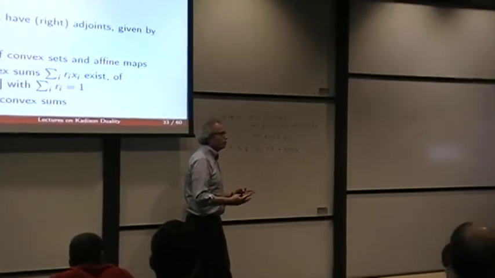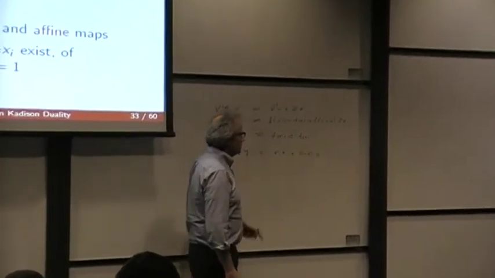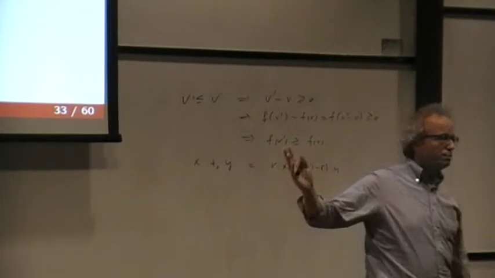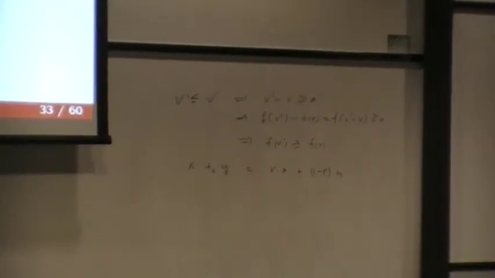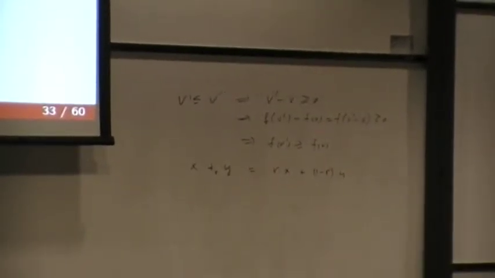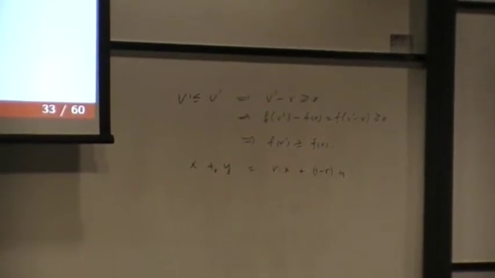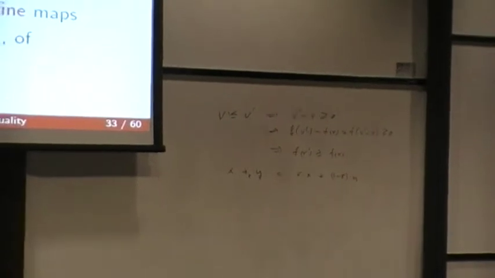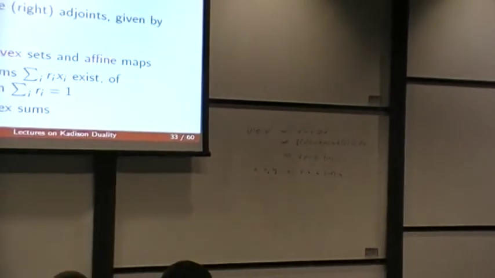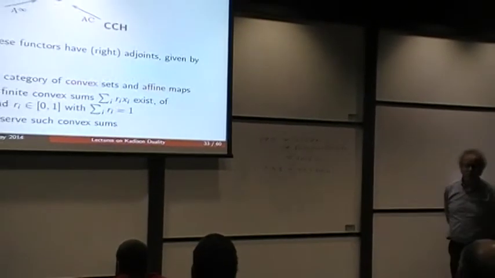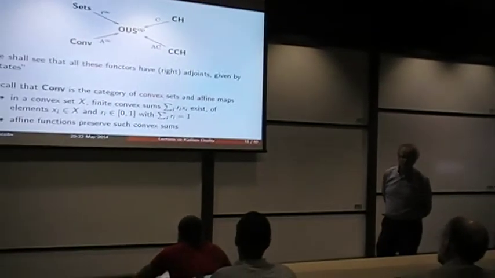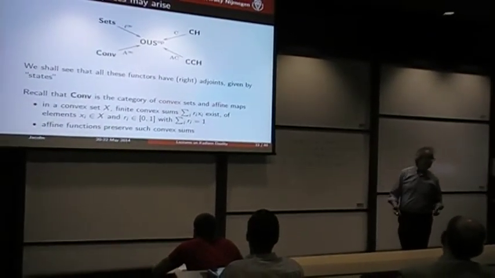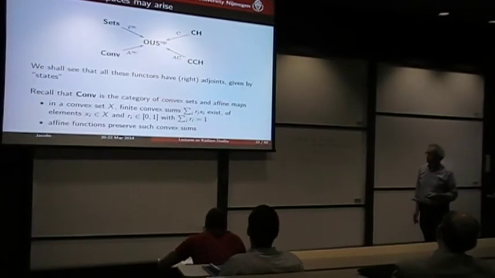And you can prove formally that this description corresponds to the Eilenberg-Moore algebra description. Several people have already done that, including Schwartz and Klaus Keimel, who worked on this. But I'll use simply this more concrete description. Affine functions are the functions that preserve such convex sums. They're simply the Eilenberg-Moore homomorphisms, if you like.